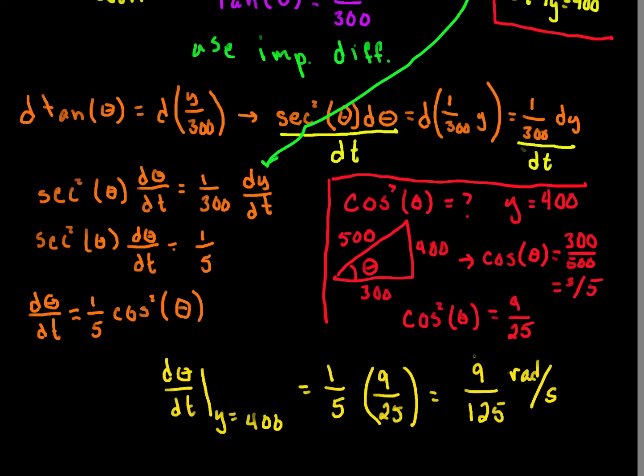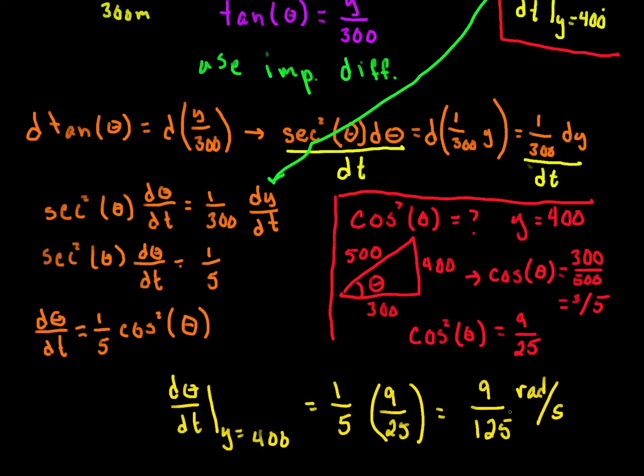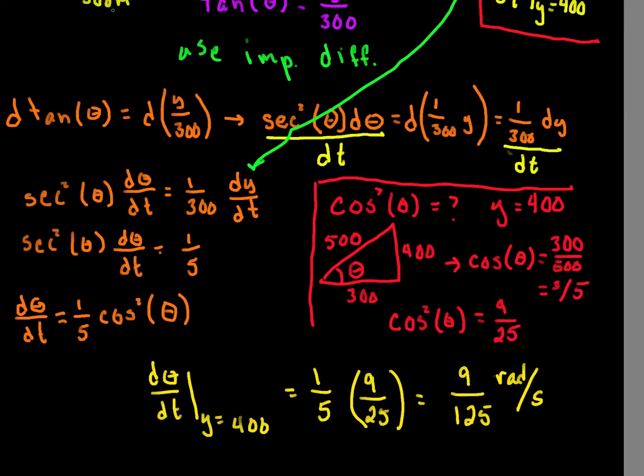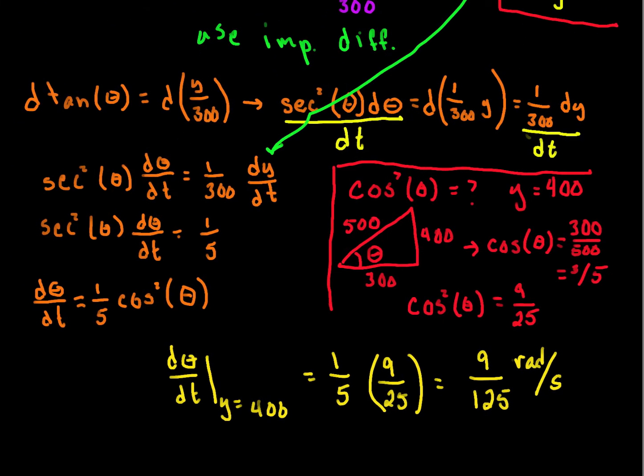And again, we've solved it, and we should check our answer, at least that it makes sense. Coming back here, if the rocket is ascending, the angle is increasing, so the rate should be positive, and sure enough, we get a positive sign. So at least the signs make sense, our units make sense, so assuming we didn't make any errors, this should be our answer.